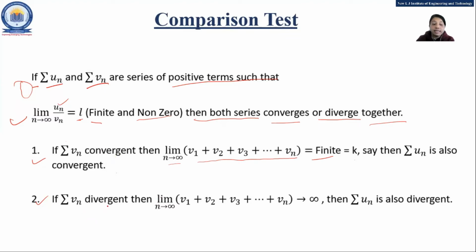If vn is divergent, then un is also divergent. Just remember this, that is enough for you. So we'll move on.